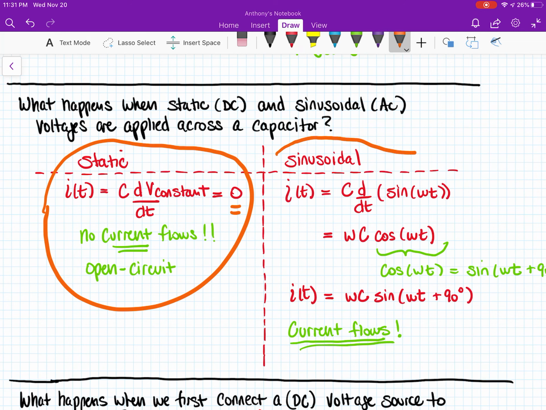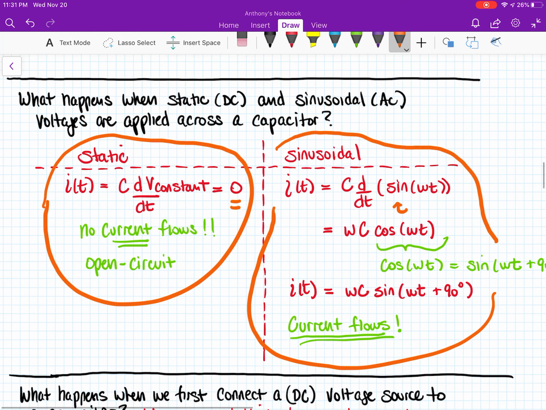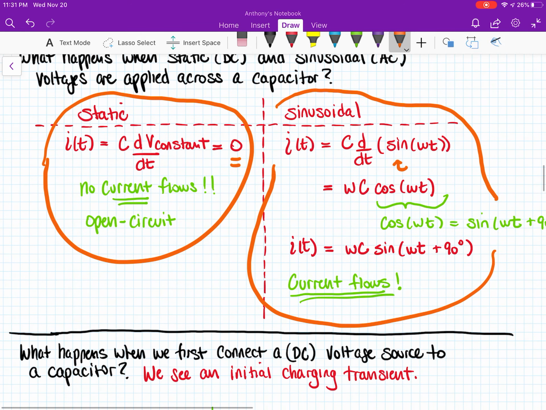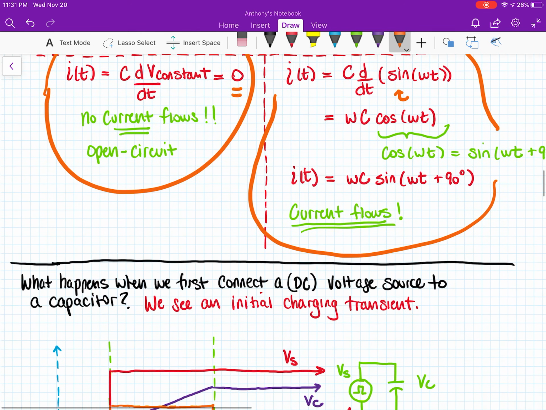For sinusoidal or AC problems, what we see is that current does flow. I_T will be equal to C times the derivative of the sine wave. I'm not going to go through all the details at the bottom here, but what we see is that current will flow in a sinusoidal form, just like the voltage.